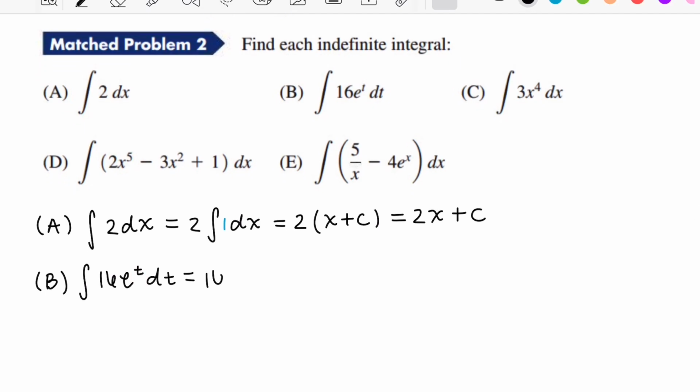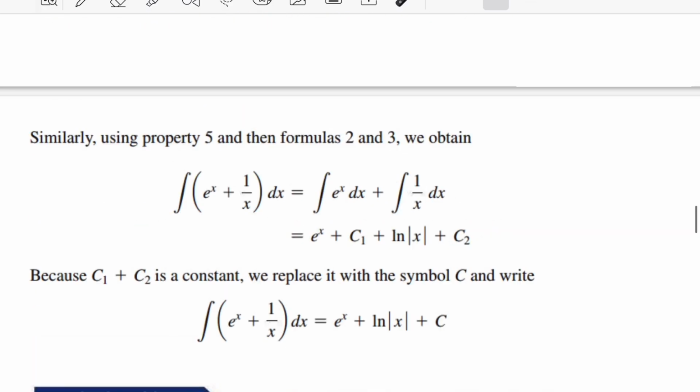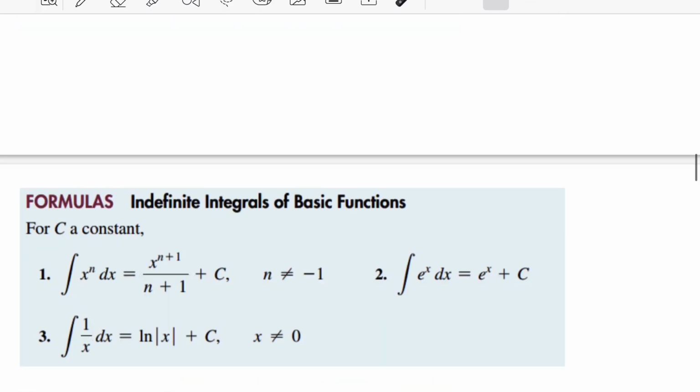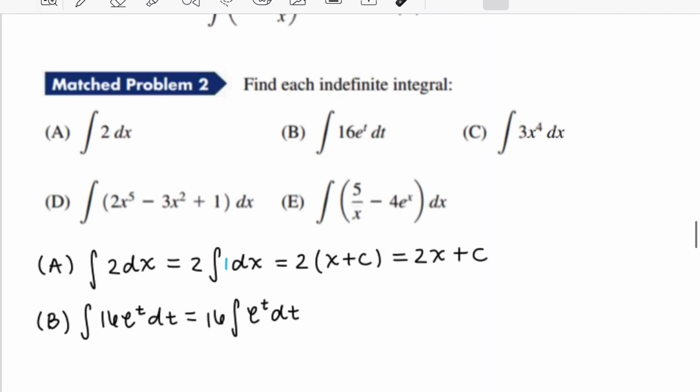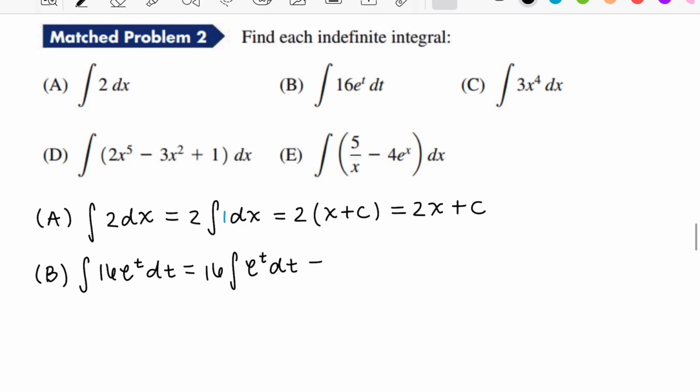So first we'll pull this 16 out here, and we want to take the integral of e to the t with respect to t. We know that the integral of this guy is just going to be e to the t plus c. We saw that up here. So this will become 16 times e to the t plus c, which will just be 16 e to the t plus c.